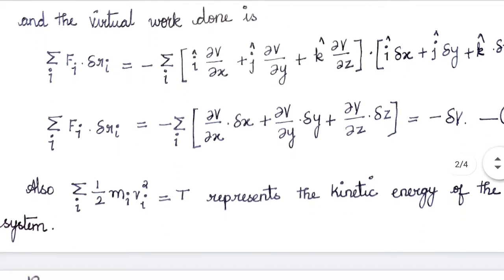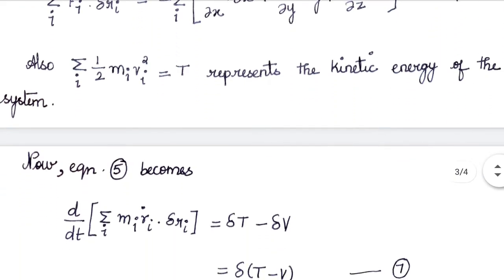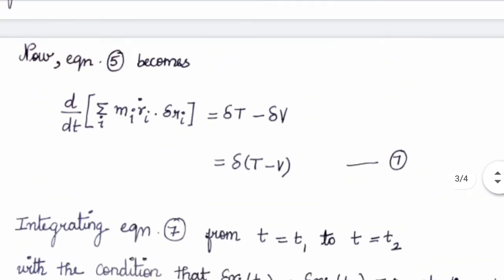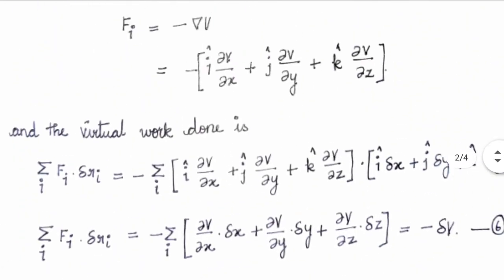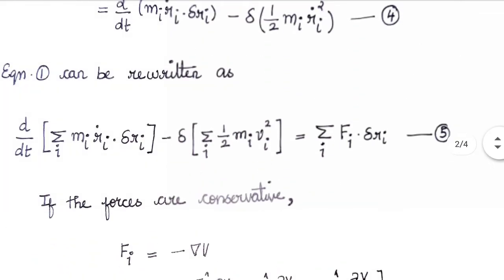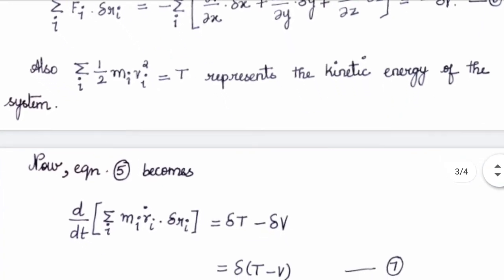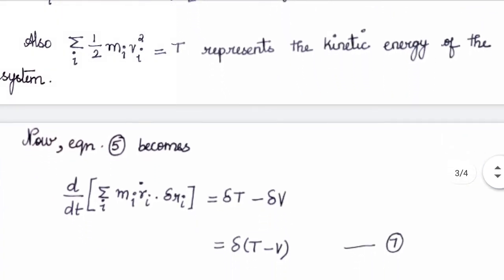We know this half m_i v_i squared is nothing but T, the kinetic energy of the system. So we can write equation 5 as d/dt of the sum over i of m_i r_i dot minus δT is equal to minus δV.